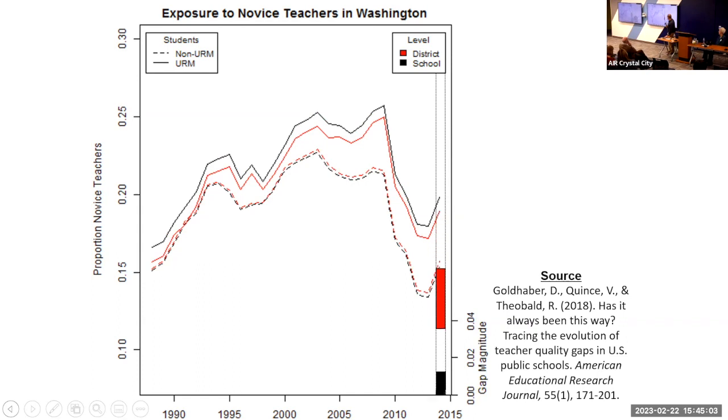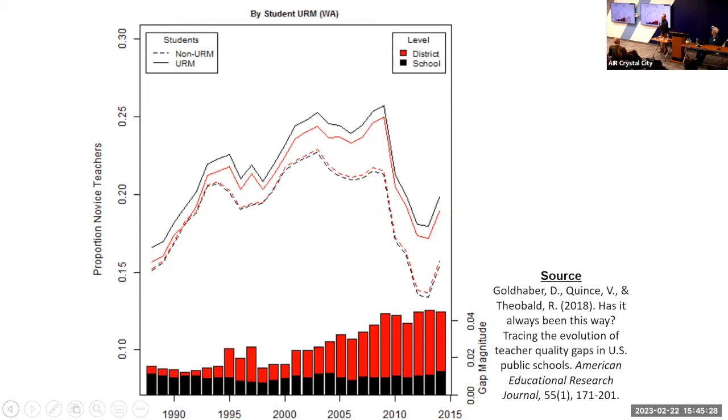You find a gap of about 4 percentage points differential in the likelihood that underrepresented minority students are exposed to novice teachers. About 16% of the teachers are novice. So this is about a 25% differential in the likelihood of getting a novice teacher. And this was true in every year that we looked at the data.